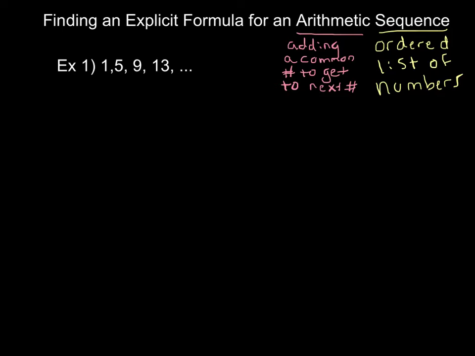So let's look at this first example here. I've got a list of numbers, and I've listed 4 out, so that's enough, I think, to establish the pattern. To just introduce some notation, since a sequence is an ordered list of numbers, we would certainly call the first number our first term, and we often use the letter A or B, it doesn't really matter, but A with a little subscript 1 means the first term.